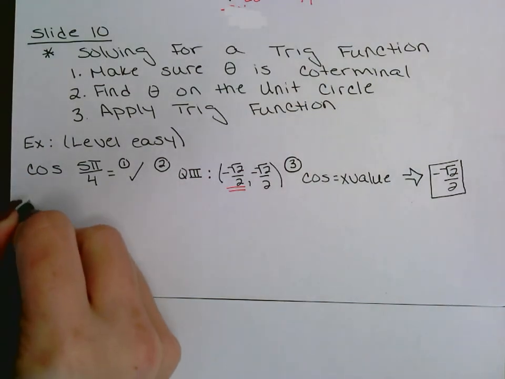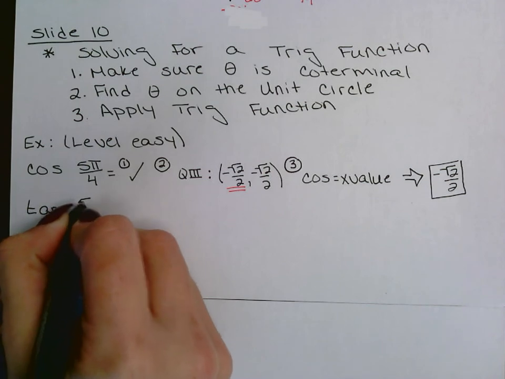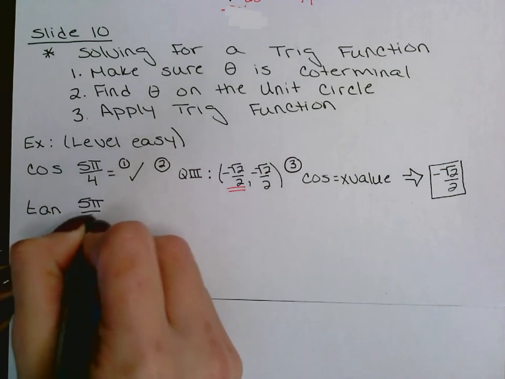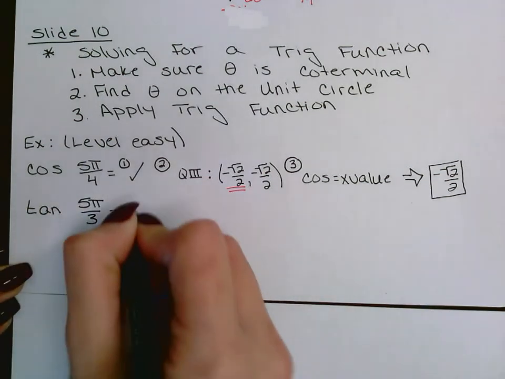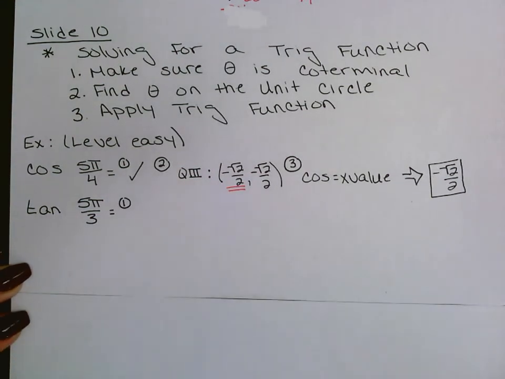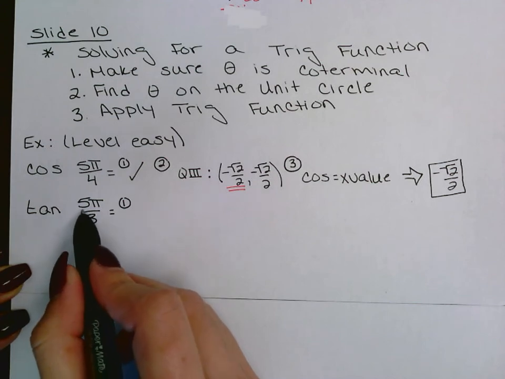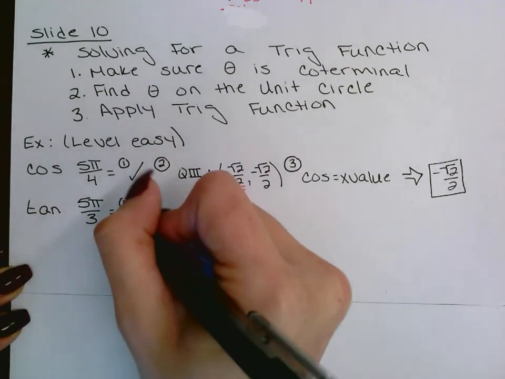Let's find specifically tangent of 5 pi over 3. Step 1, is this coterminal? Yep, double my denominator would be 6. And then does 5 surpass 6? Nope, so I am good.